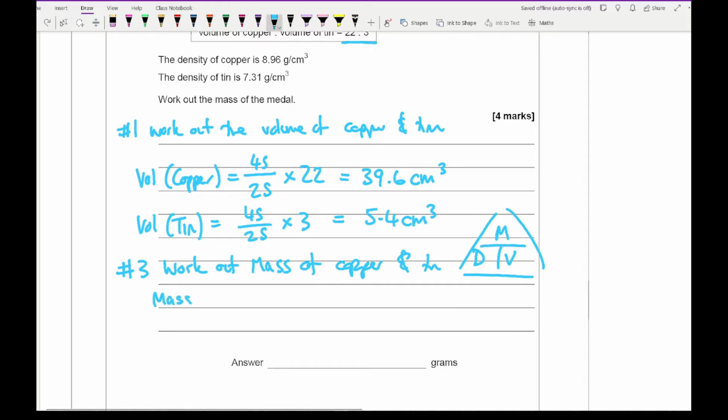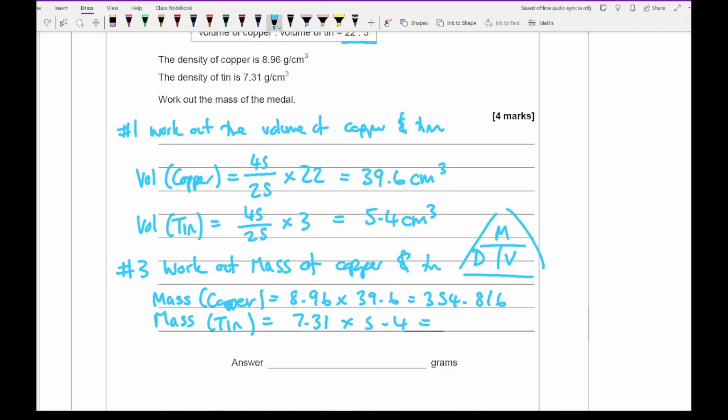So the mass of the copper is going to be 8.96 times, so that's the density, times 39.6, which gives me 354.816, and the mass of the tin is going to be 7.31 times 5.4, which gives me an answer of 39.474.